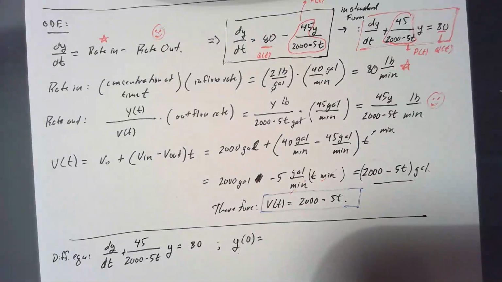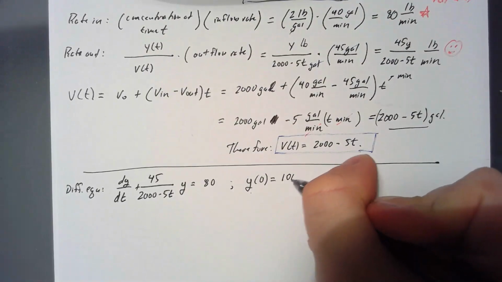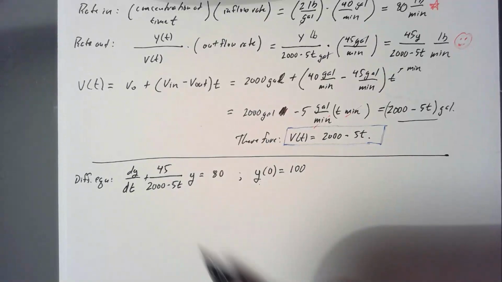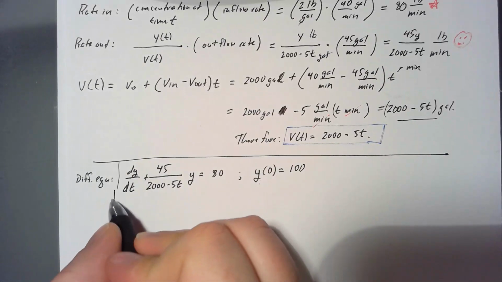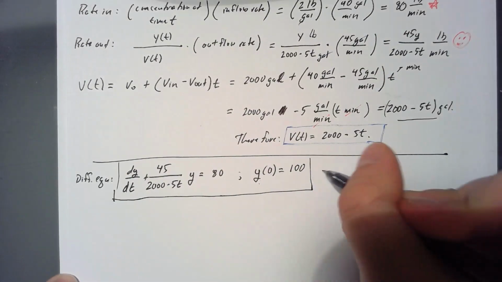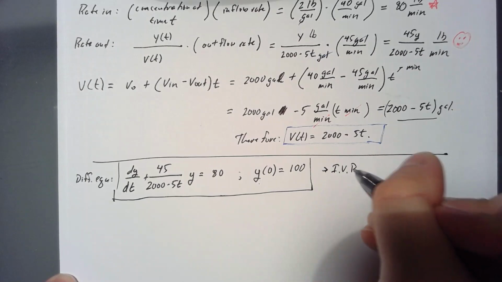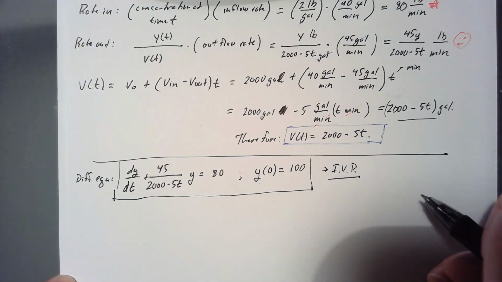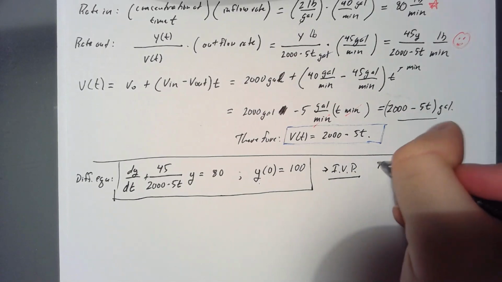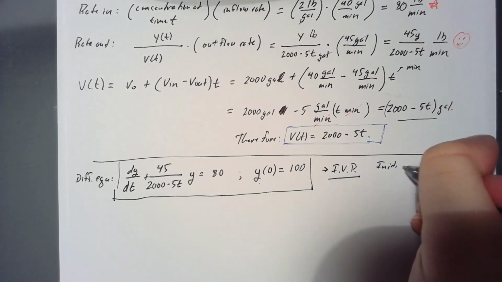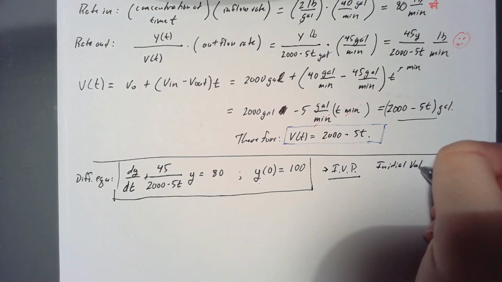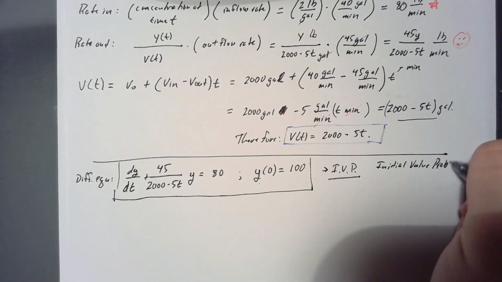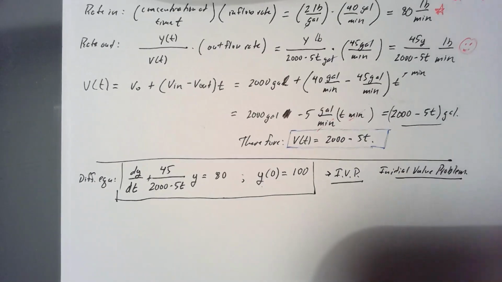So I initially have 100 pounds in my tank. So that right there is my IVP, my initial value problem. That's it.